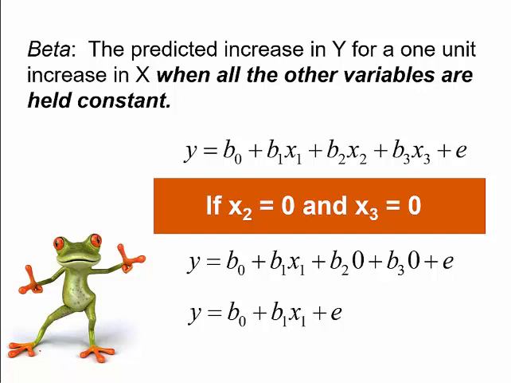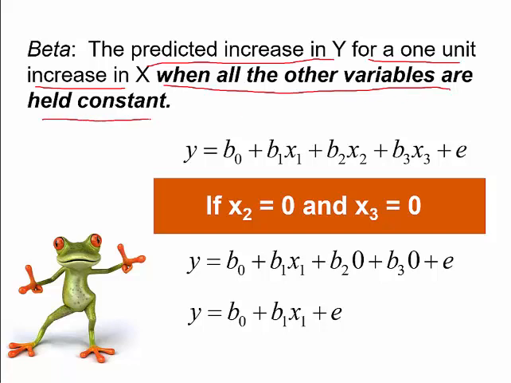If I'm doing simple regression with just one predictor, then I said the beta weight is the predicted increase in y for a 1 unit increase in x, and then I just stopped there, and I didn't talk about any of this other stuff. But now, when we move from simple regression, where we have just one predictor, to multiple regression, where I have more than one predictor, now I say the beta weight is the predicted increase in y for a 1 unit increase in x when all the other variables are held constant.